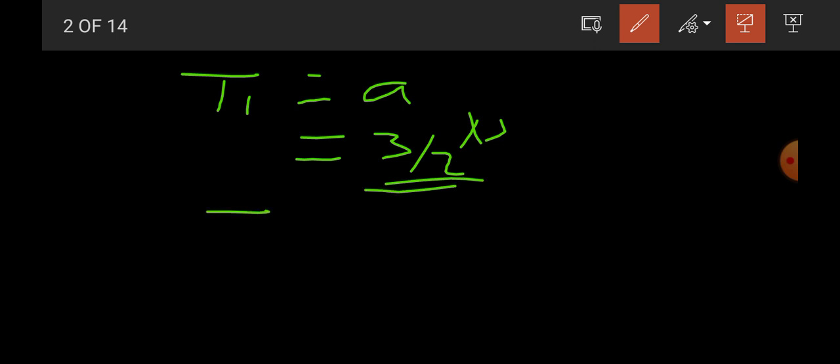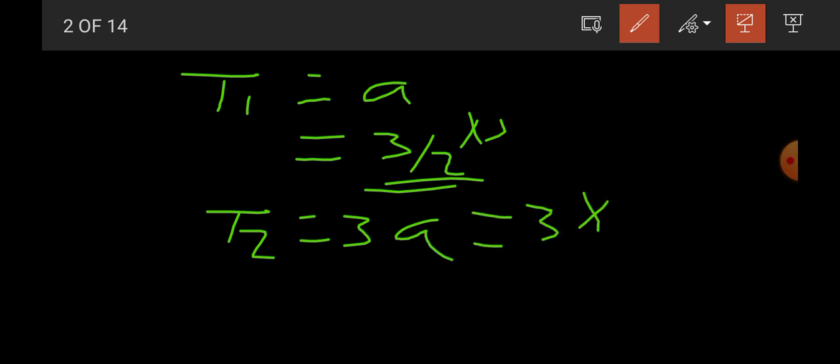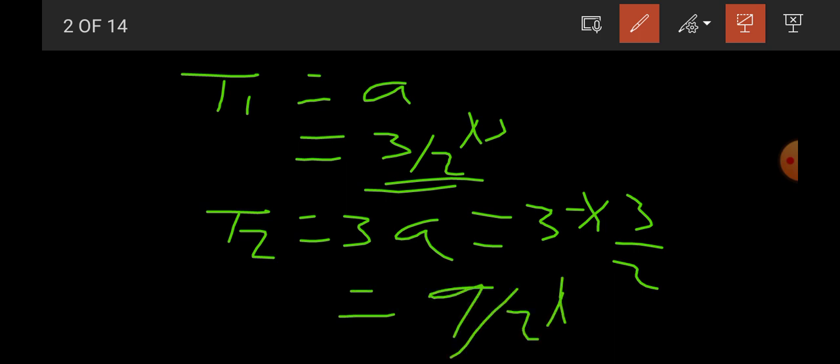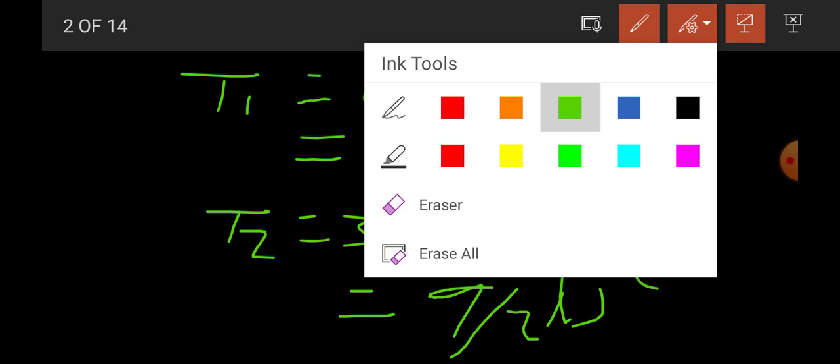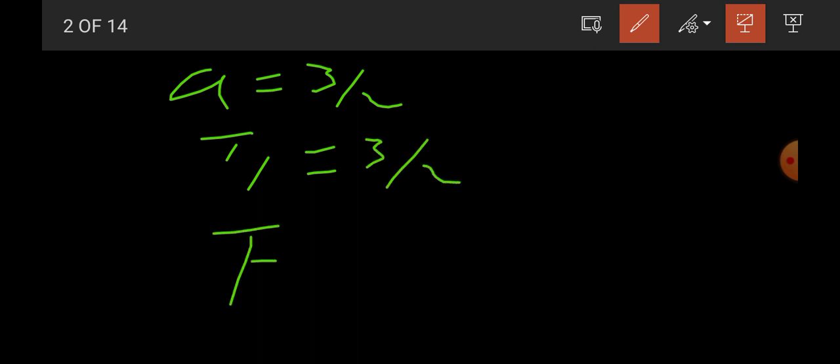Next tension 2 is equal to 3A, acceleration አግኝተናል, 3 times 3/2 which is equal to 9/2 Newton. ስለዚህ acceleration is equal to 3/2, tension 1 is equal to 3/2 and the tension 2 is equal to 9/2.